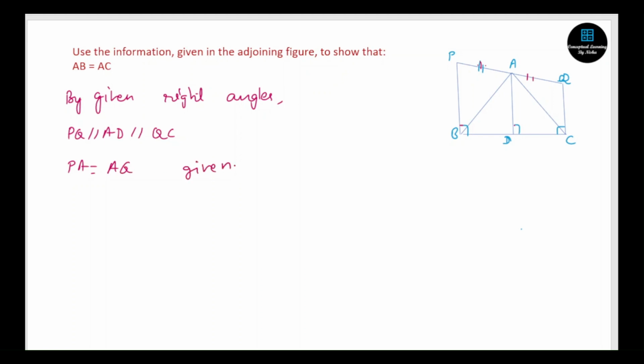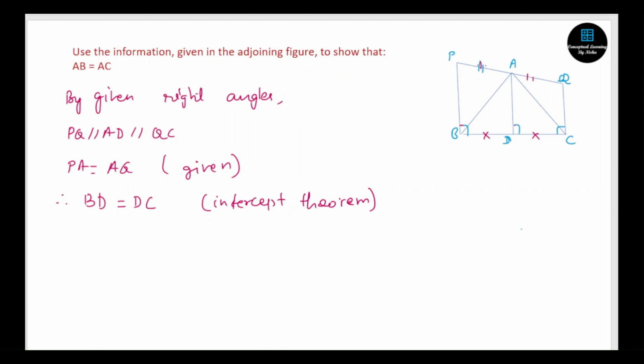But they are intercepts, right? These are intercepts between parallel lines. So what I can say? Yes, these are also equal. So therefore BD equals DC, intercept theorem. CBSE students, please prove it.